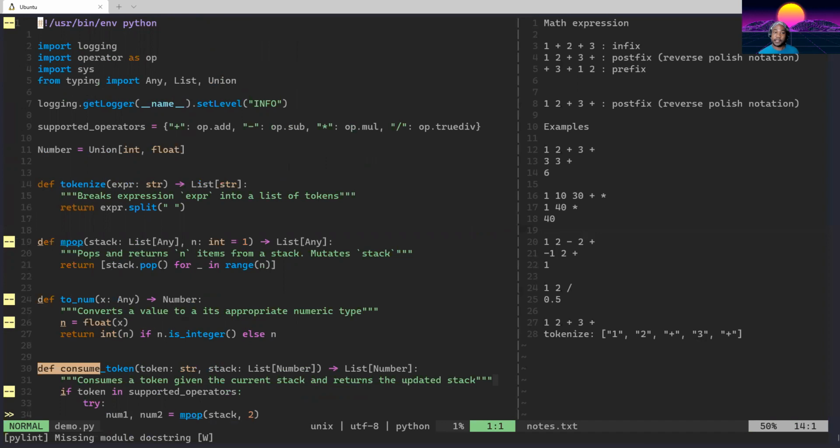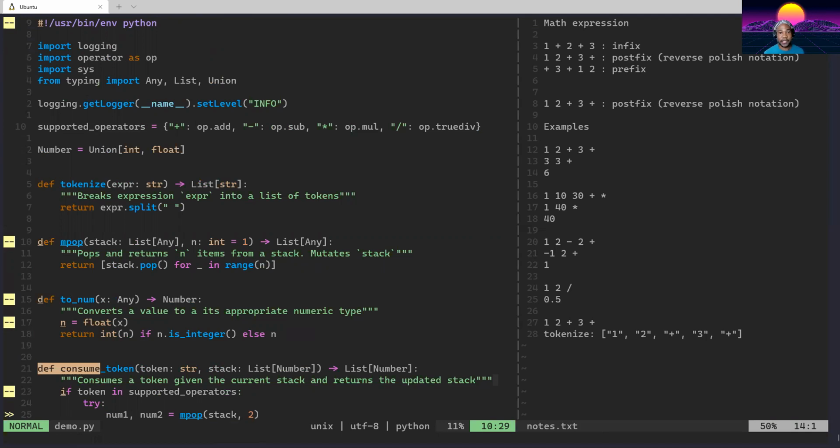So I defined and initialized a dictionary here that maps the token to its corresponding function.